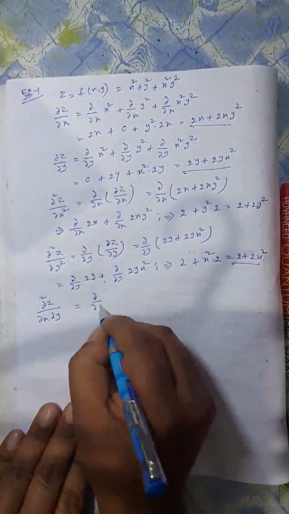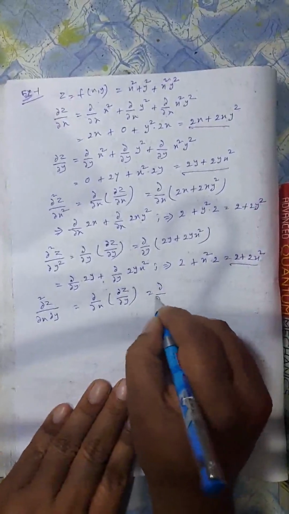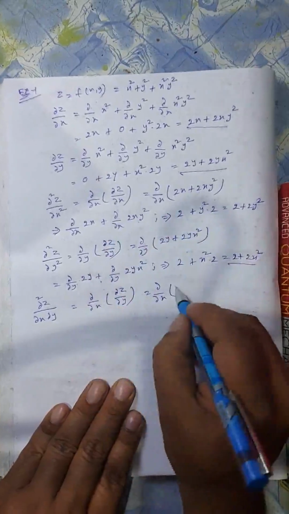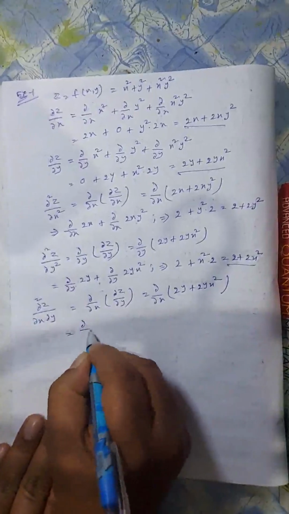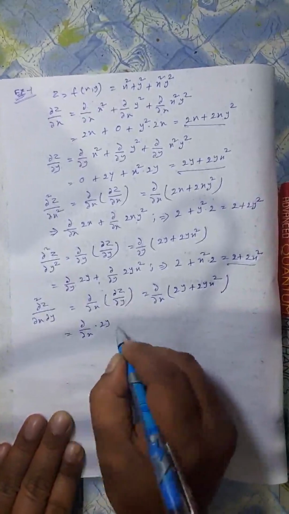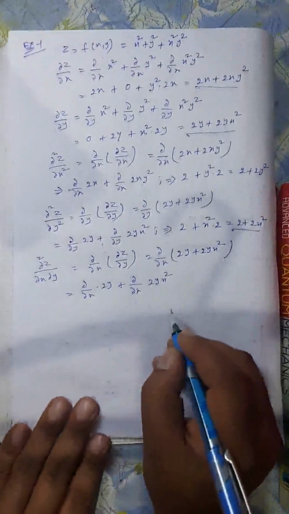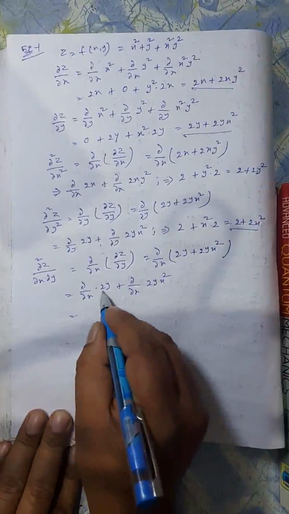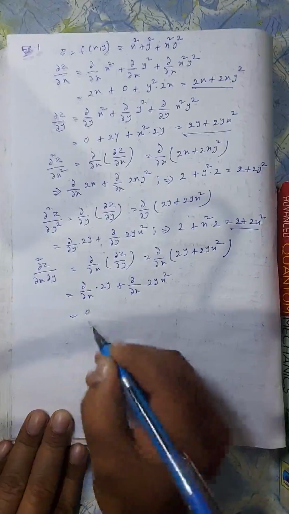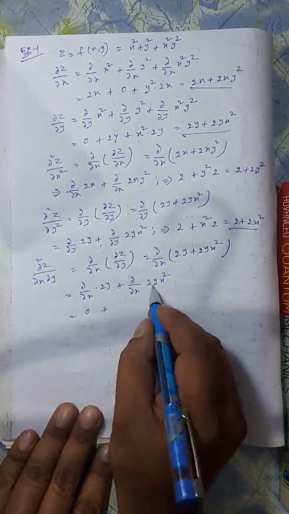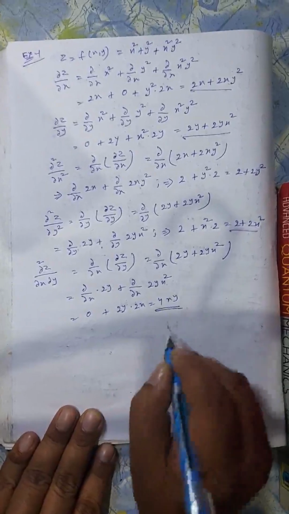We take ∂/∂x of ∂z/∂y, which is 2y + 2yx². So we take ∂/∂x of 2y plus ∂/∂x of 2yx². For the first term, 2 is constant and y is constant, so the derivative with respect to x is 0, because y is the variable here. For the second term, 2y is constant, it comes outside, and the derivative of x² is 2x, giving 4xy. The answer is 4xy.